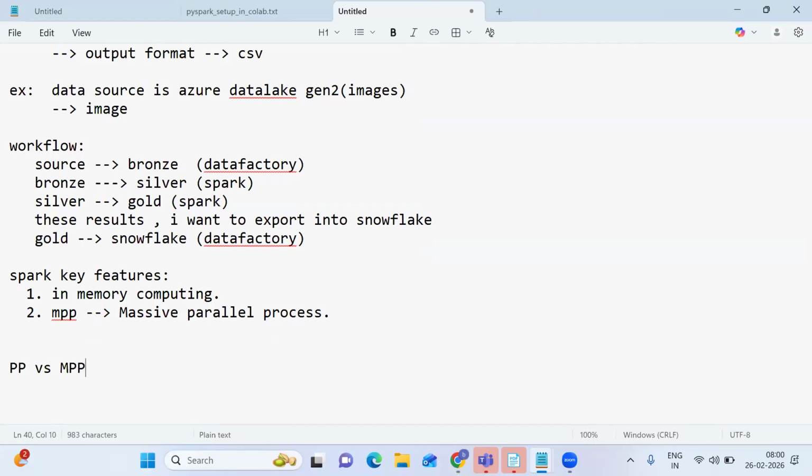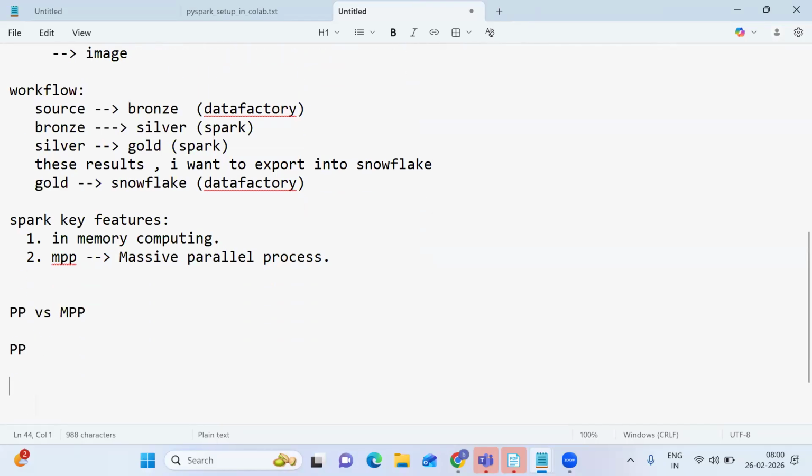PP means parallel process, and MPP means massive parallel process. The word PP talks about the single node level, that means parallel process by multiple cores.